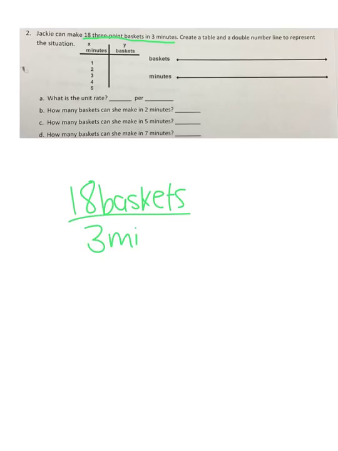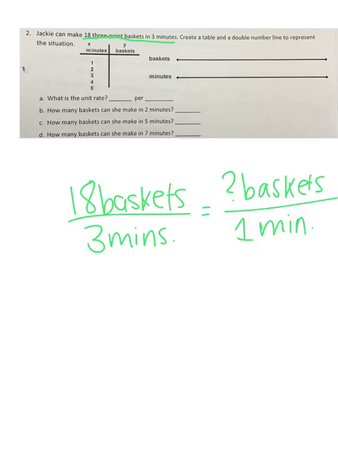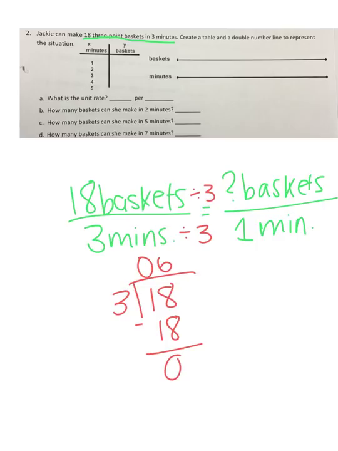We need to figure out how many baskets in 1 minute. So we'll divide by our denominator, divide by 3, divide by 3. So 18 divided by 3 would be 6. So we know our unit rate is 6 baskets per minute.